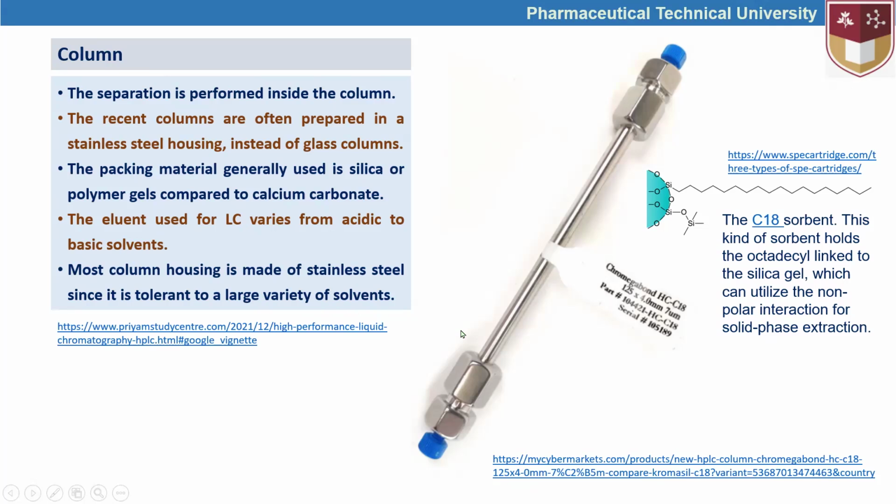I would like to remind you that strong acids like sulfuric acid or hydrochloric acid are usually not used for HPLC because those highly acidic conditions might cause the breakage of covalent bonds like this, so they can disrupt the sorbent.